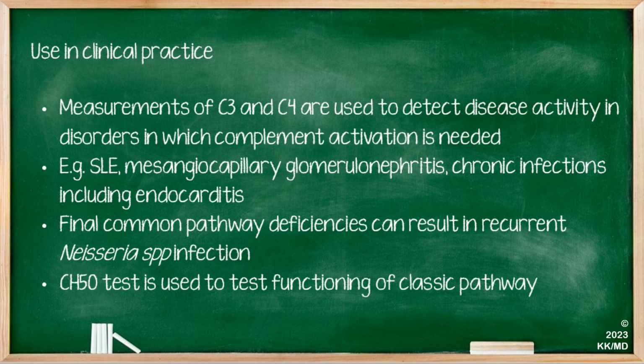Other examples include chronic infections such as endocarditis, or mesangiocapillary glomerulonephritis. The other point is that final common pathway deficiencies can result in recurrent Neisseria species infections. And the test that we use to assess the function of the classic pathway is CH50. That's something that is used both clinically as well as for the purpose of MRCP.